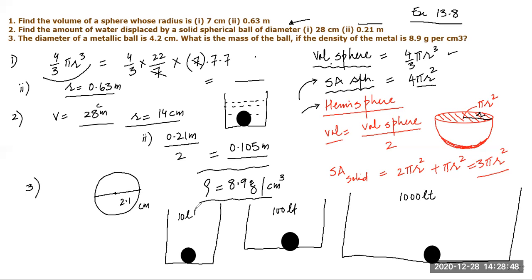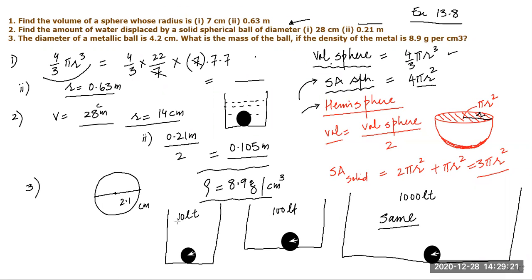All the containers have different amounts of water, but the volume of water displaced by the sphere in all the cases will be the same, if the radius of the sphere is the same, because the volume will be the same.